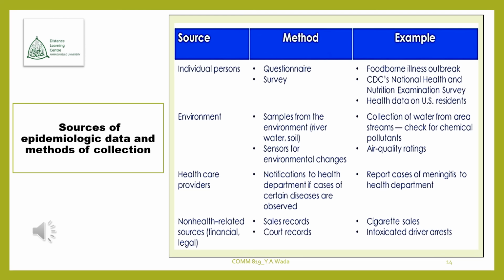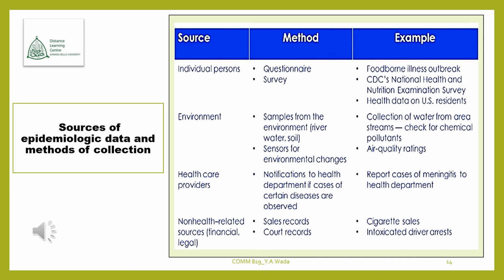For examples, you may conduct a household survey, collect demographic data from individuals regarding maybe their health condition, whether they exercise or they don't exercise, how often they collect vaccination against a certain ailment, or why and why not they don't want to collect COVID vaccination and what have you. So such information can be gotten at individual level using questionnaires and surveys.